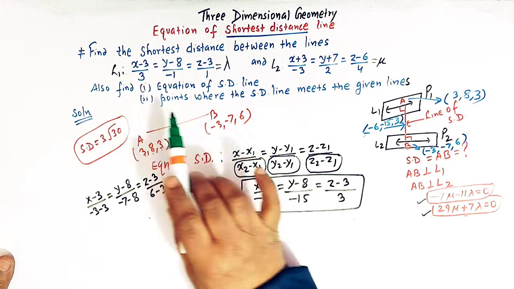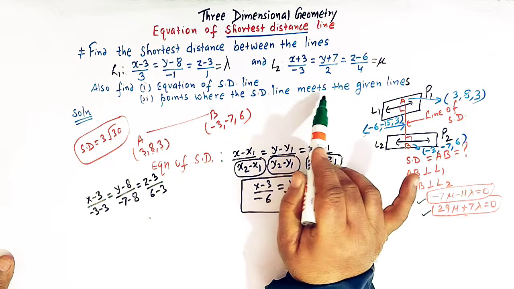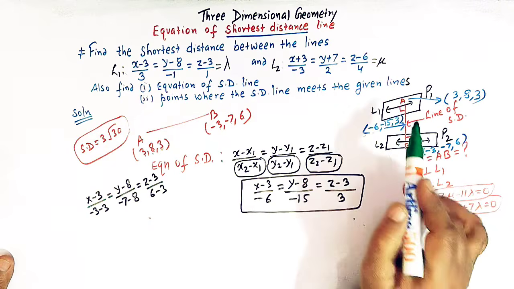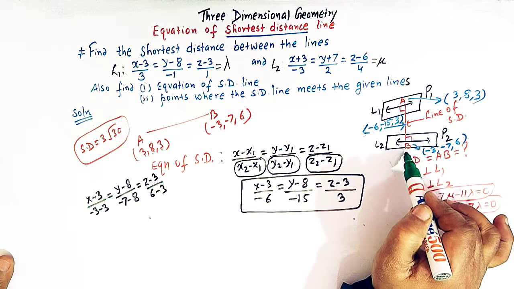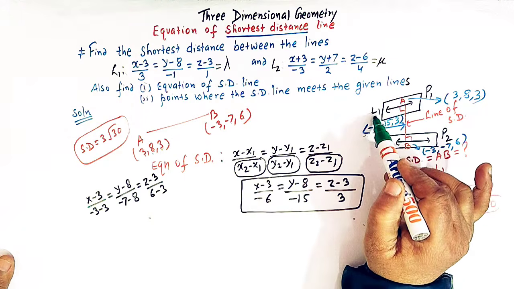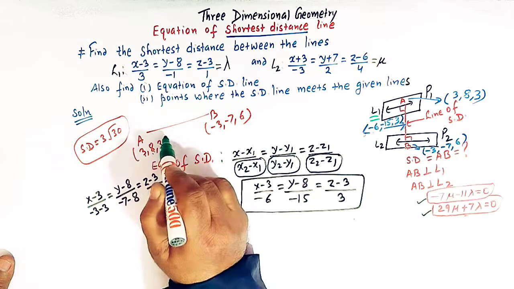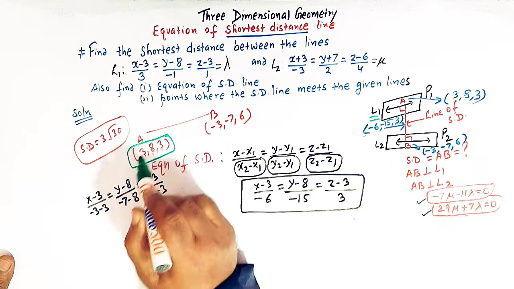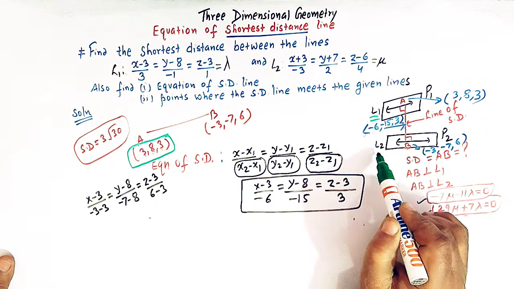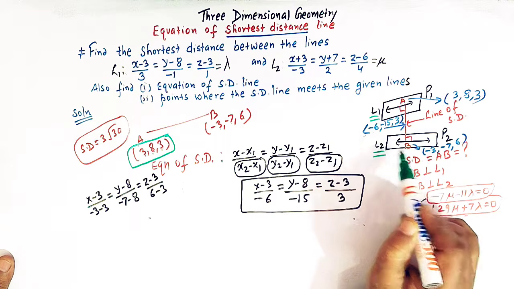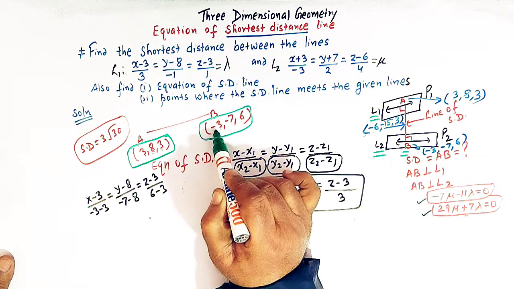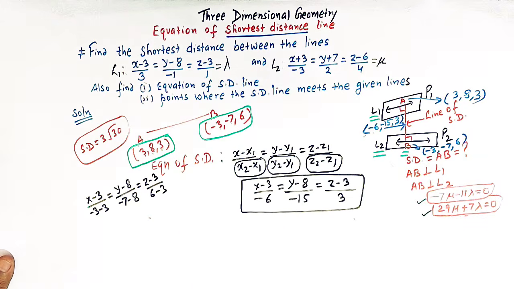So now the third part is the points where the shortest distance line meets the given lines, right? So we have already calculated the coordinates of the points A and B. So the line of shortest distance meets the line L1 at point A, whose coordinates are 3, 8, 3, and it meets the line L2 at point B, whose coordinates are minus 3, minus 7 and 6, right?